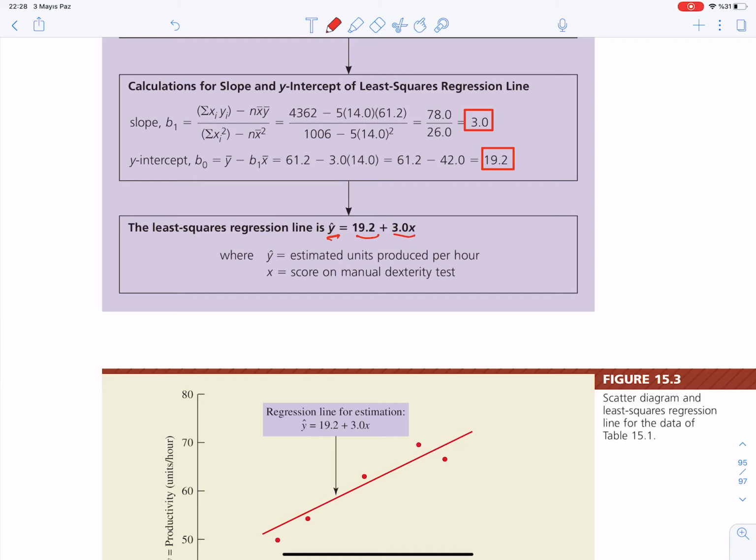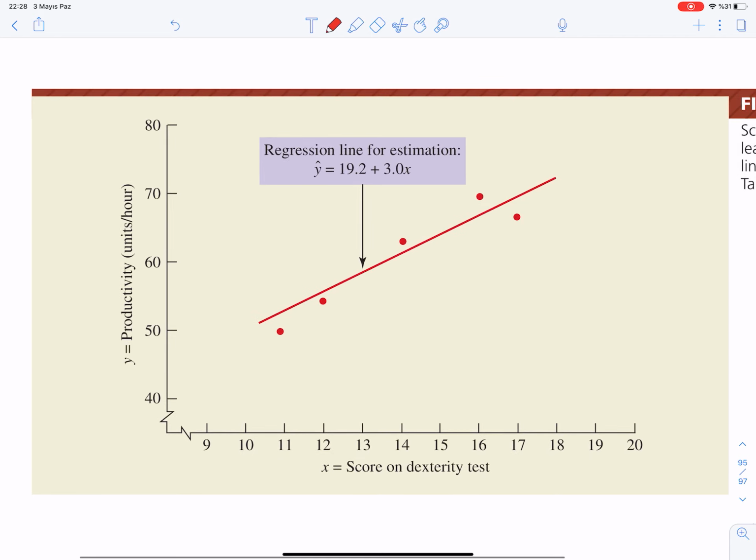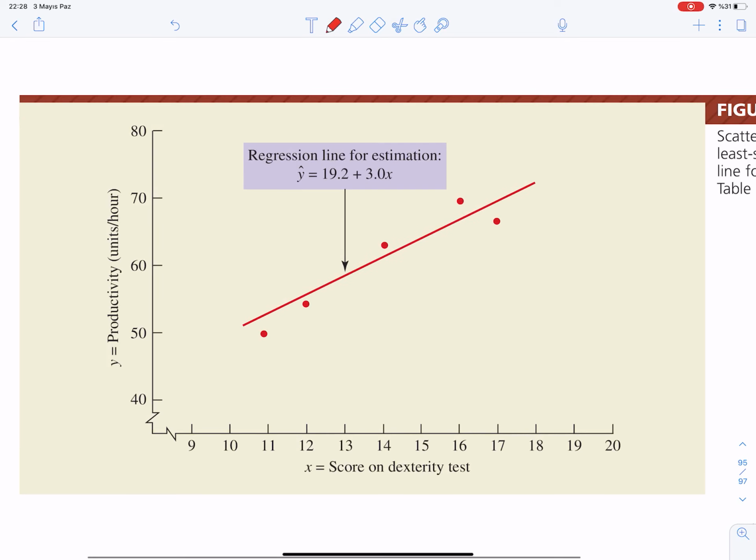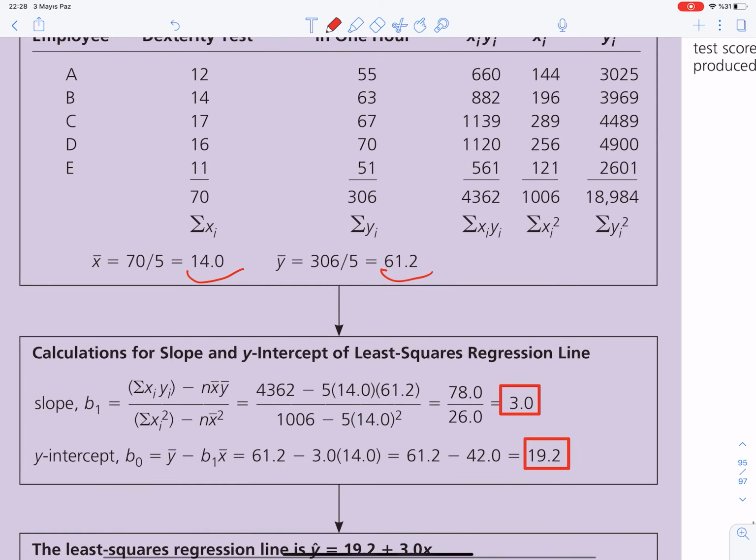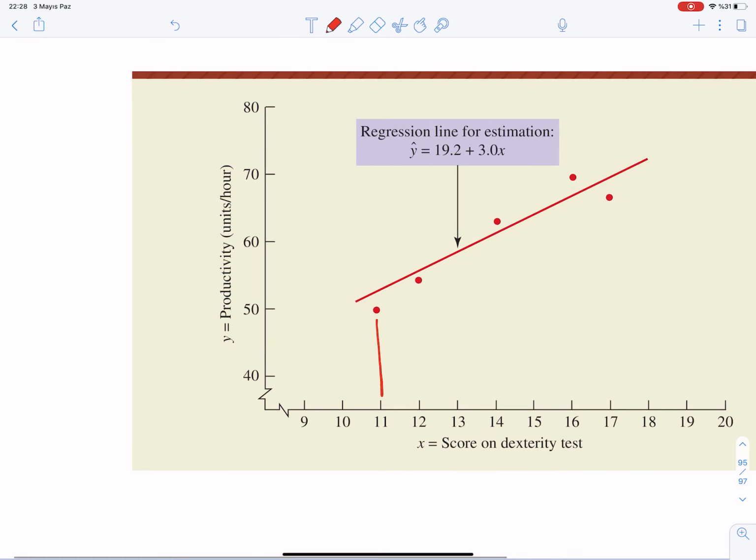If you draw a picture of this graphical representation, this graphic display is very good. This is the value equivalent to 11, and for 11, remember the data, 11 becomes 51, so this will go to about here, 51. For 12, it goes to 55, so somewhere in the middle.